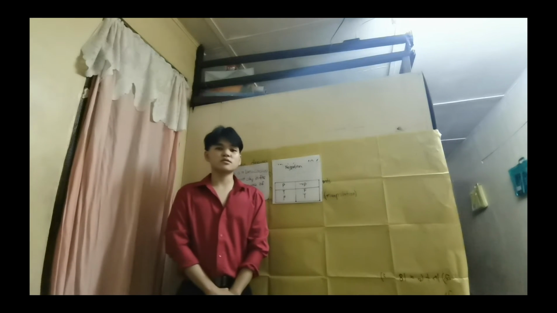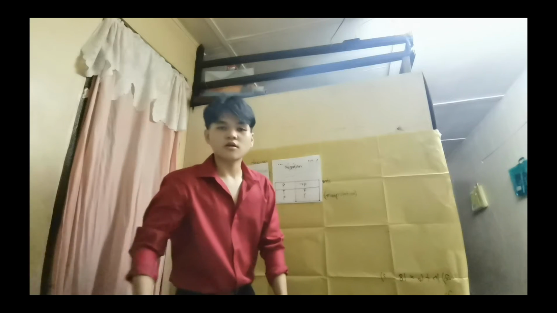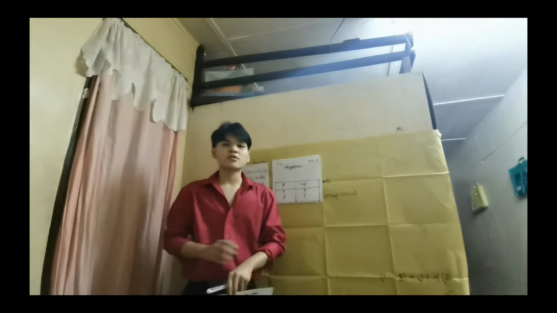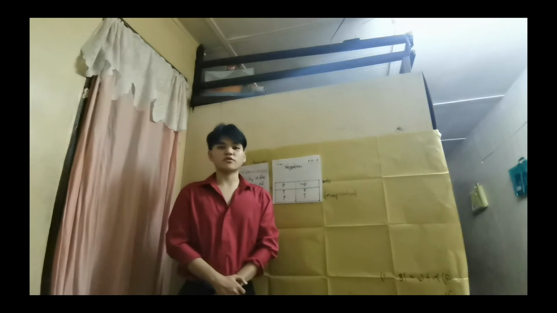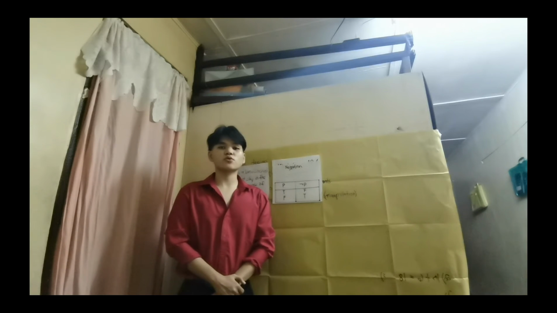The next is conjunction. I have an example here. Conjunction and disjunction. Conjunction definition: let P and Q be propositions. The proposition P and Q, denoted by P ∧ Q, is true when both P and Q are true and is false otherwise.